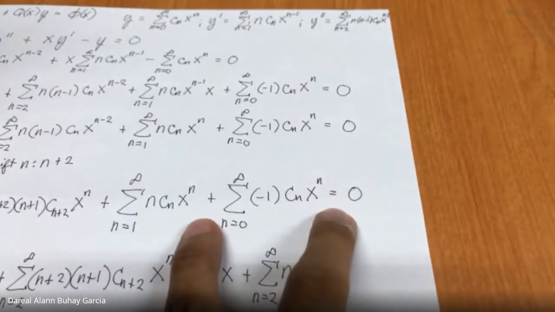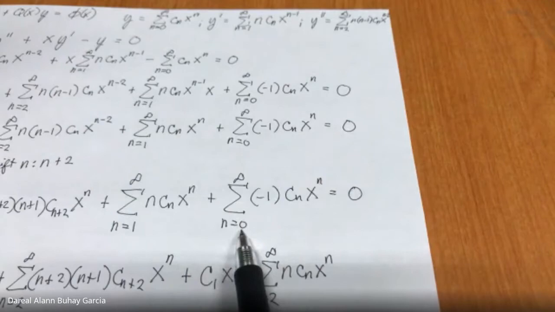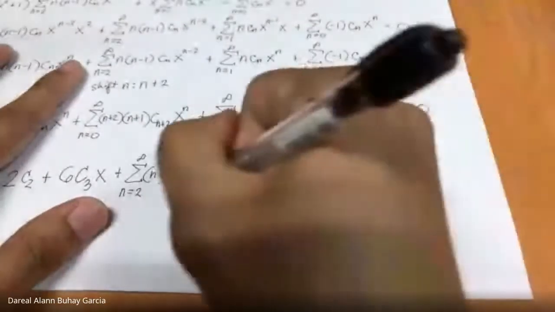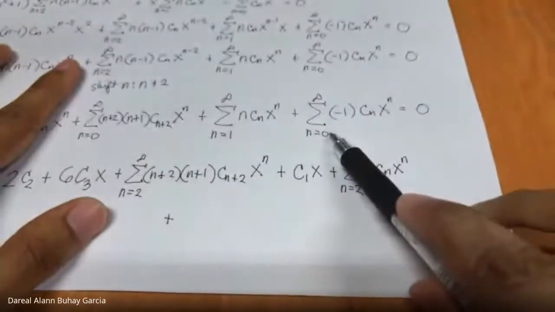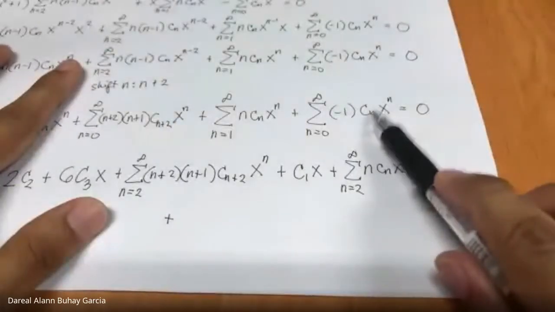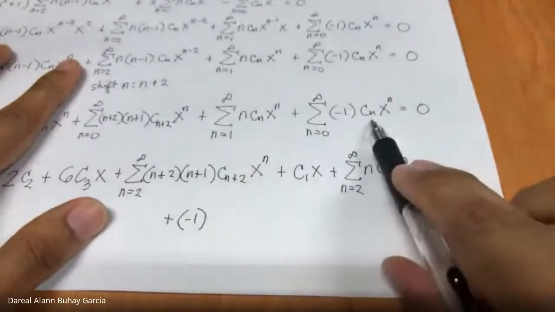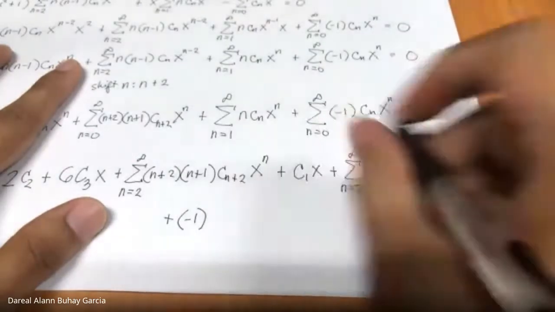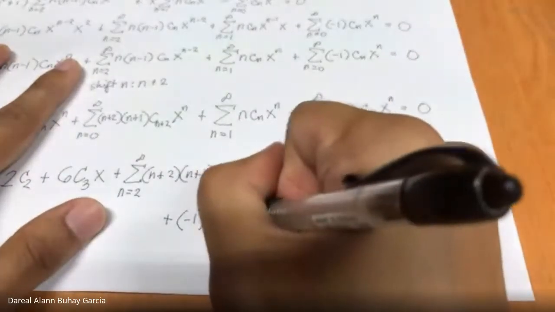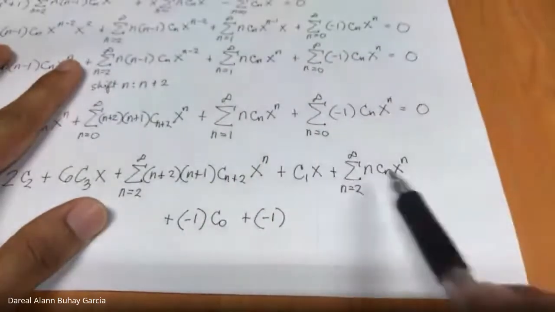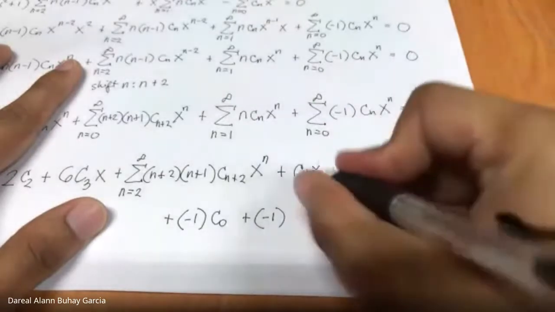Last. Kani siya. So, duha gyapon ka expression ato ipagawas. Si n equals to 0, si n equals to 1. Plus C, say, of course, yung negative 1, carry over na siya per me. C0, okay, C0. X over 0 is 1, C sub 0. Plus, still negative 1, C1x.